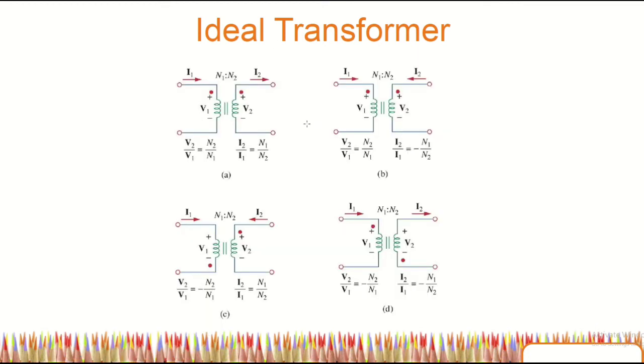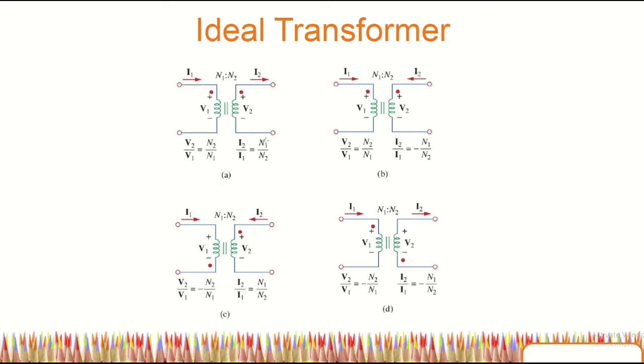So now let's look at the 4 circuits here. What's the difference between these circuits is the dot terminal over here. So you have to look at the dotted terminal, whether the current is going out or going in to the dotted terminal.